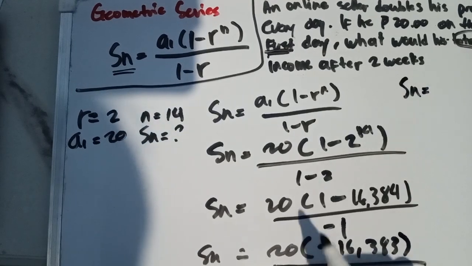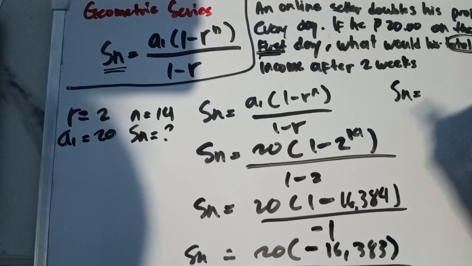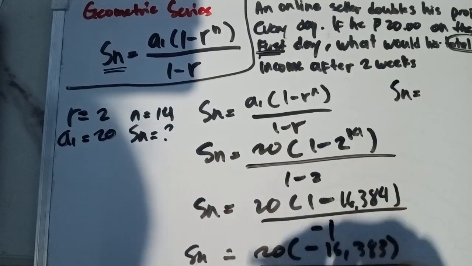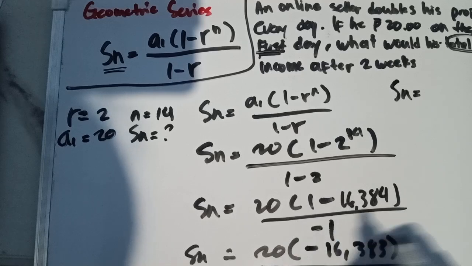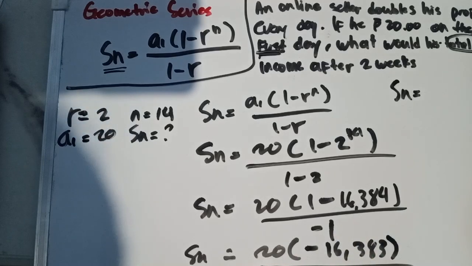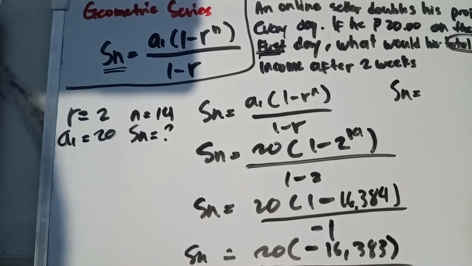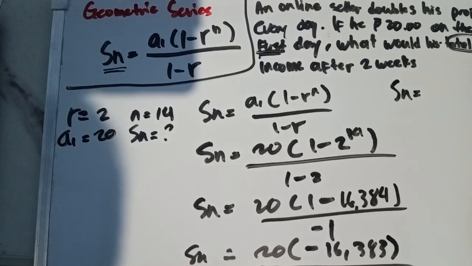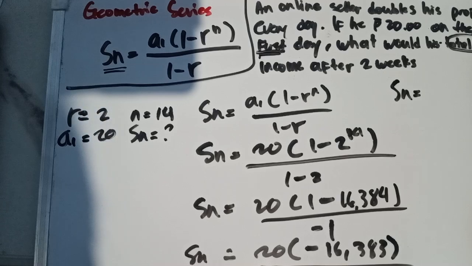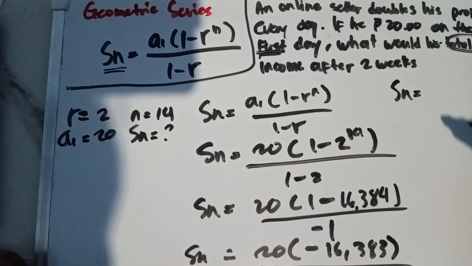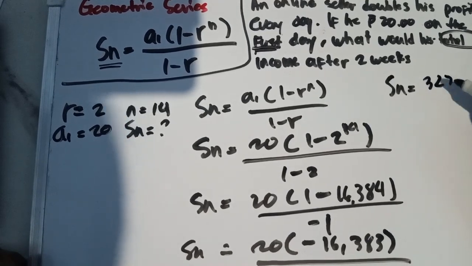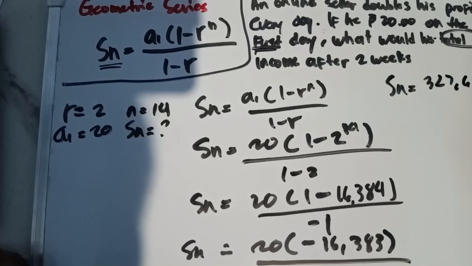Sn is equal to 20 times negative 16,383 over negative 1. So times 20, we will get 327,680.